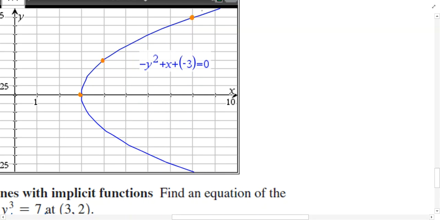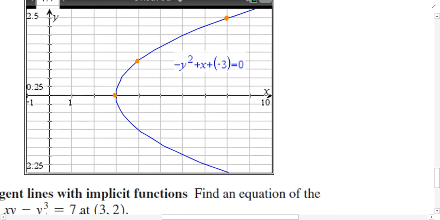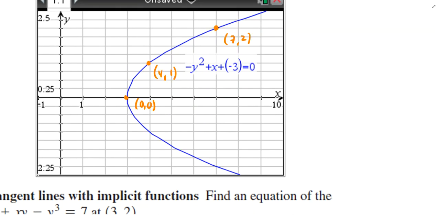Now, some of these points are a little bit easier to identify than others. 0, 0, 4, 1, 7, 2. Those are all points that fall nicely on these lattice marks on the graph. And again, with an x and y component, we can find the derivative using the implicit derivative.